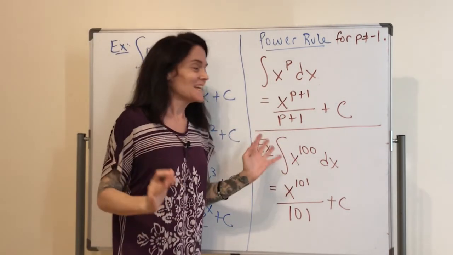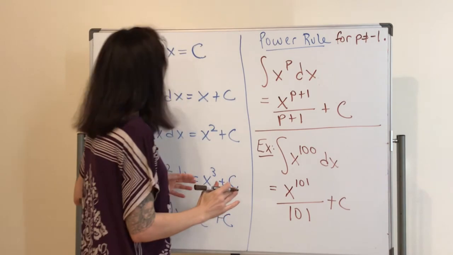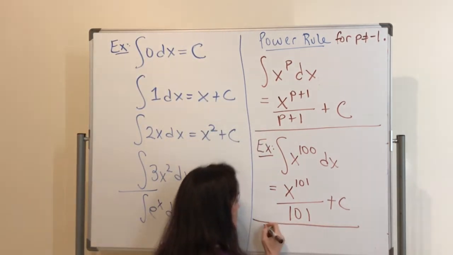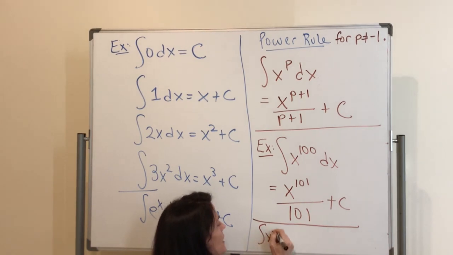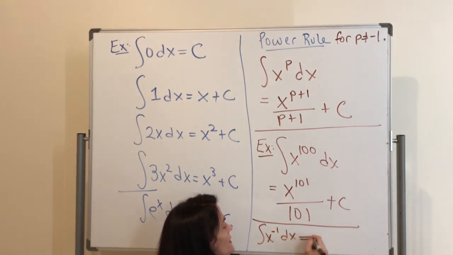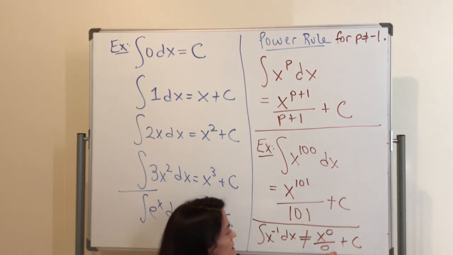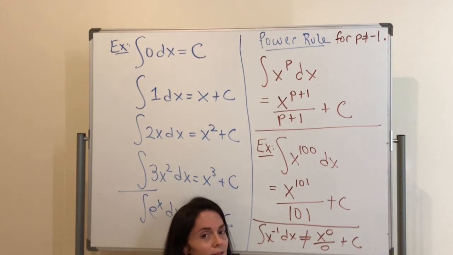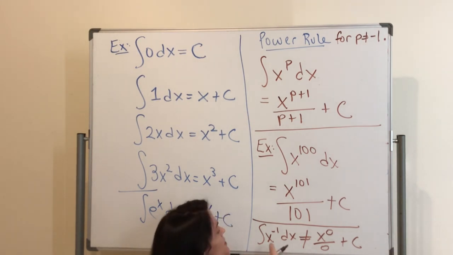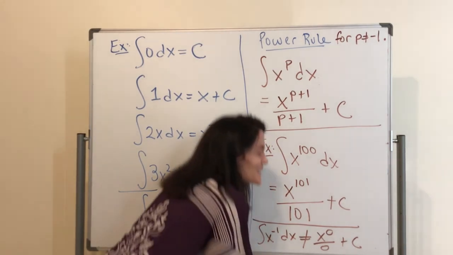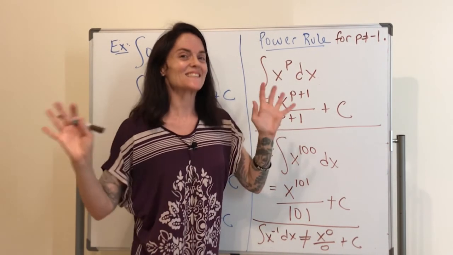Okay, as I mentioned, if you try to use the power rule, the integral of x to the minus 1 dx is definitely not x to the 0 over 0 plus c. This is not anything. This would say 1 over 0, which is not anything. So just be careful that you don't use the power rule when you have x to the minus 1.